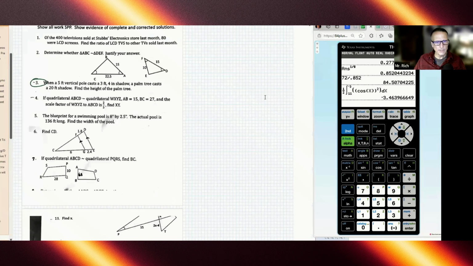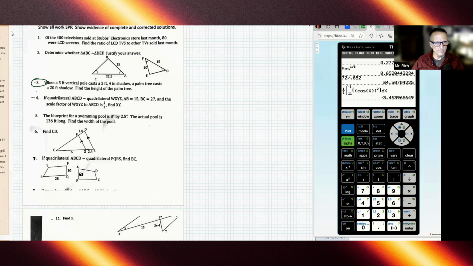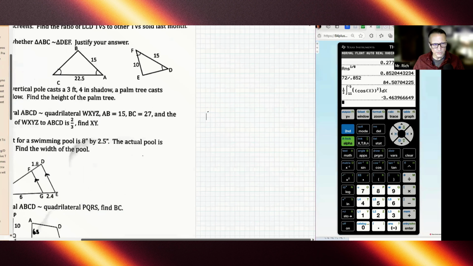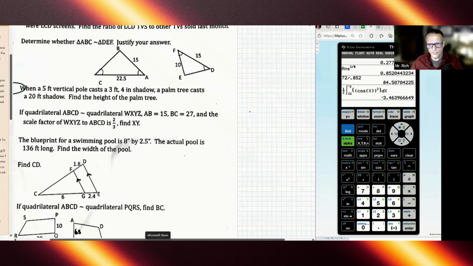Well, this is probably having to do with similar triangles. So they're giving us 2 scenarios here. We'll draw them. The sun is in a position such that a 5-foot vertical pole right here is going to cast a 3-foot 4-inch shadow. The sun is shining and it casts a shadow that comes down right here, and the length of that shadow is 3 feet 4 inches.